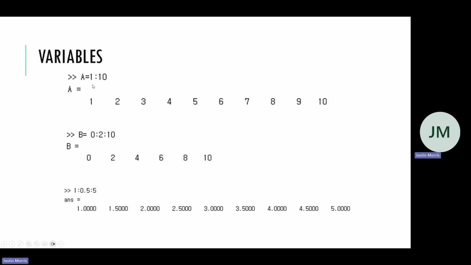And then if you have a different step size, you can put the step size in the middle. So this is going to be 0 through 10, but skip every other one. Okay. So it's going to be 0, 2, 4, 6, 8. And then here we have 1 through 5, where our step size is 0.5. So 1, 1.5, 2.